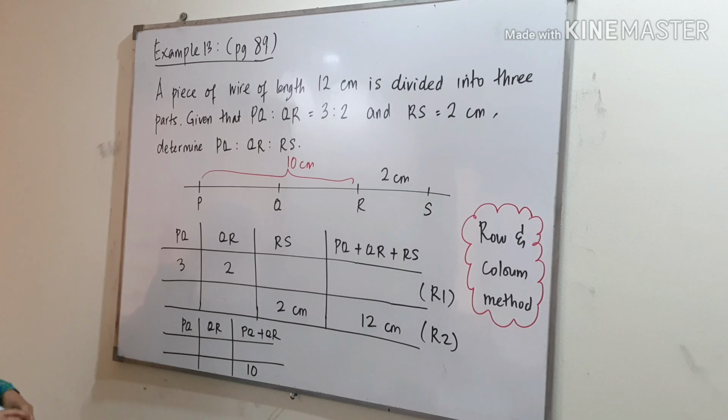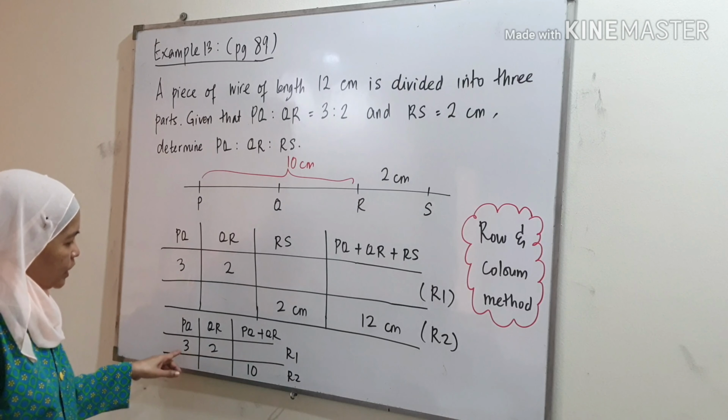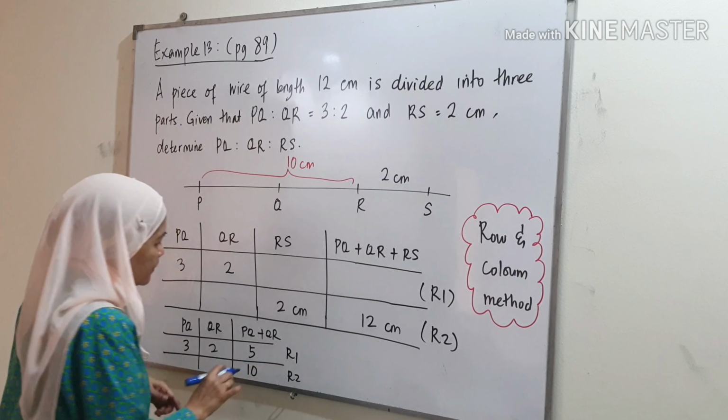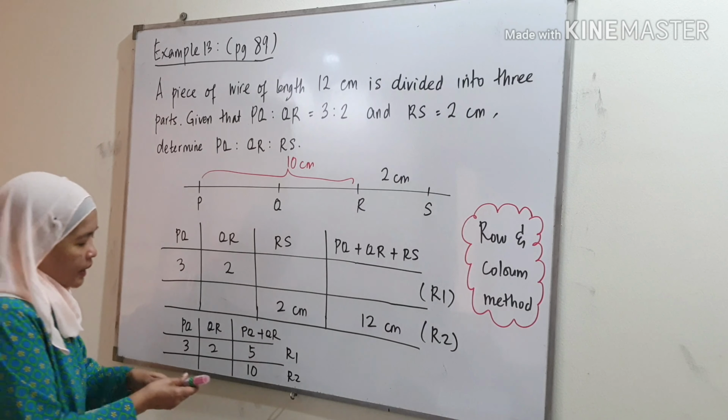Teacher does it separately to solve PQ and QR. So row 1 is for the ratio, so 3 plus 2 is 5. So 5 times what gets you 10? 5 times 2 is 10. So all of row 1 must be multiplied by 2.